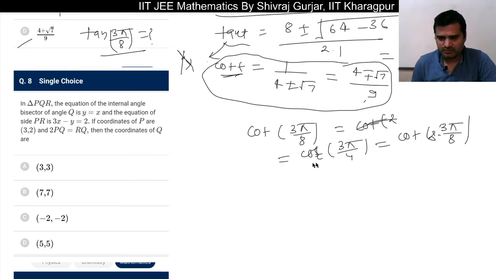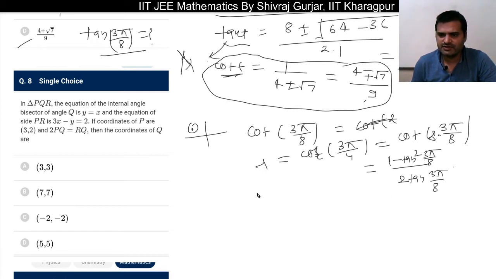And cot 3 pi by 4 is minus 1. So from here we can get, cot means 1 by tan 2t, so 2 tan 3 pi by 8 upon 1 minus tan square 3 pi by 8. So from here we can get tan square 3 pi by 8 minus 1 plus 2 tan 3 pi by 8 equals to 0.